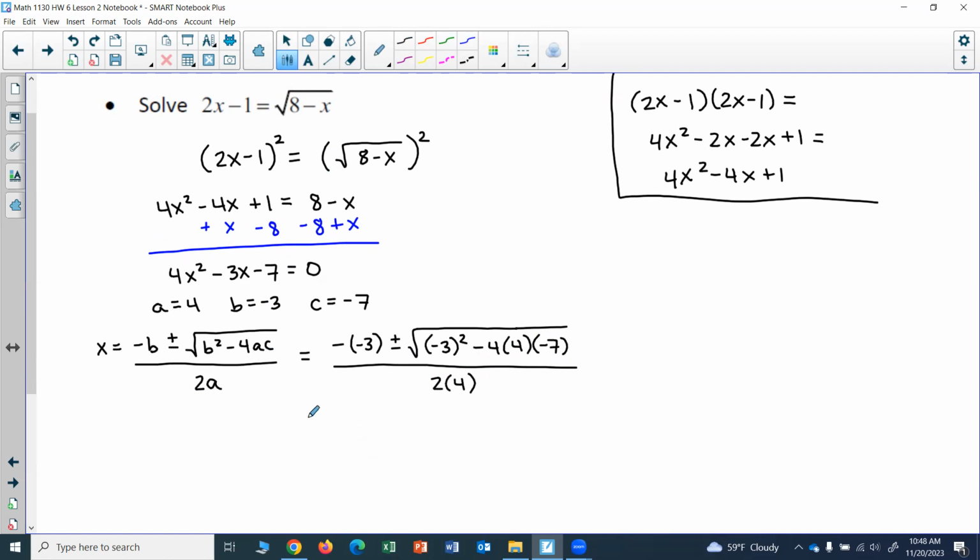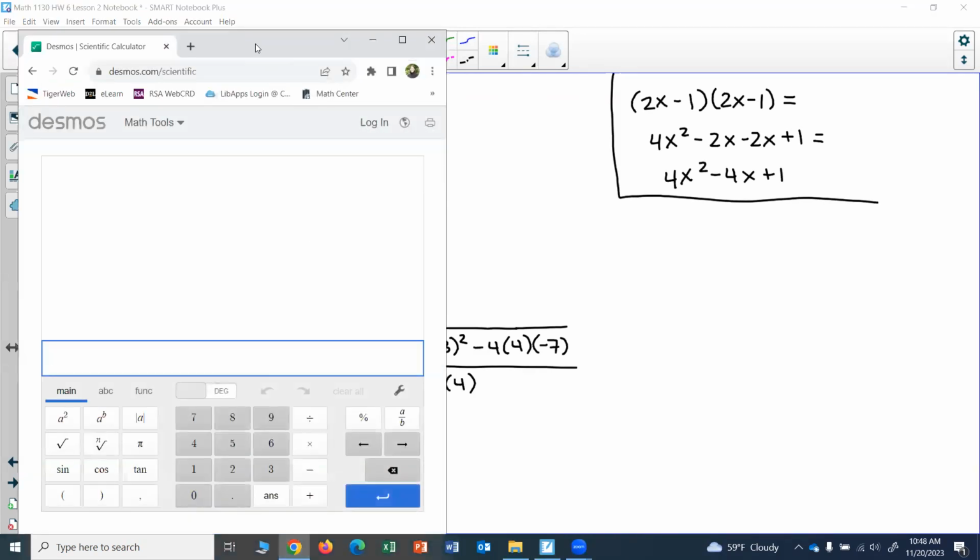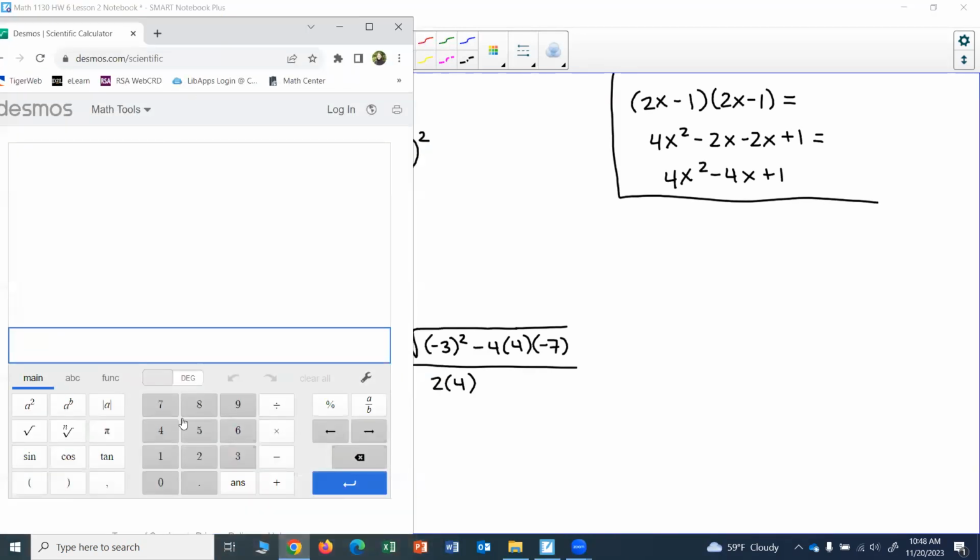All right, so let me go ahead and simplify this a little bit. I'll have a positive 3 plus or minus, and I want to go ahead and grab a calculator, and I'll put in the part that's underneath the radical. So I'm going to have parentheses, negative 3, close the parentheses and square, minus 4 times 4 times negative 7.